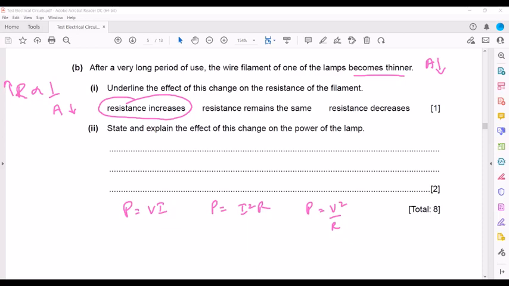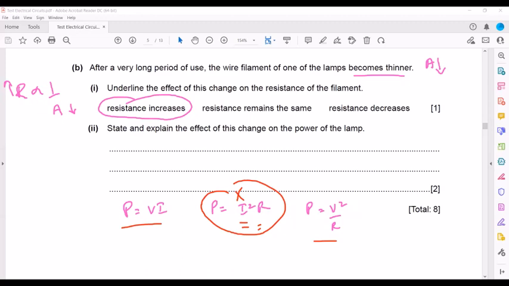So we cannot use the second formula, P equals I squared R, to explain what is happening. Why? Because both current and resistance are changing. Either we can use P equals VI or P equals V squared over R to explain the effect on the power.